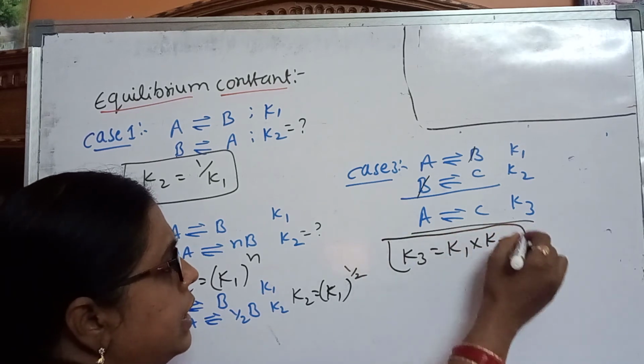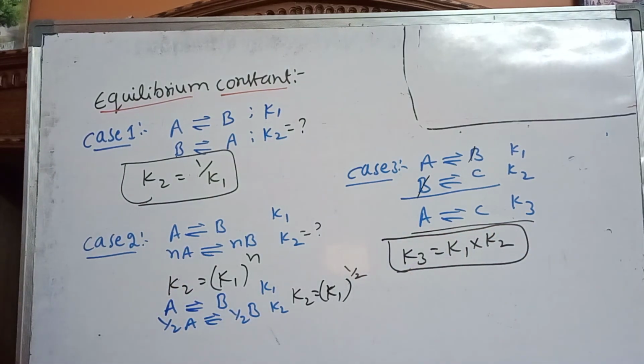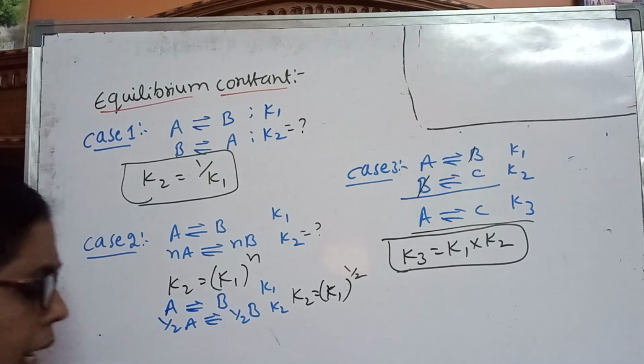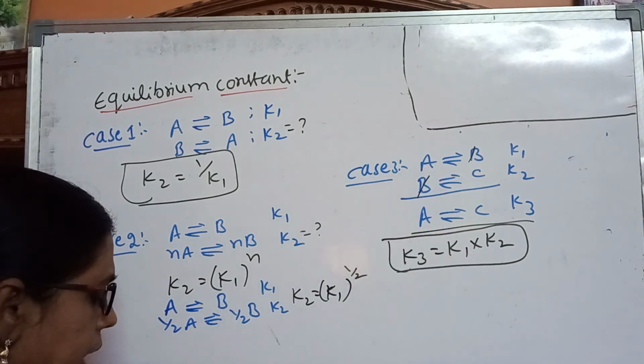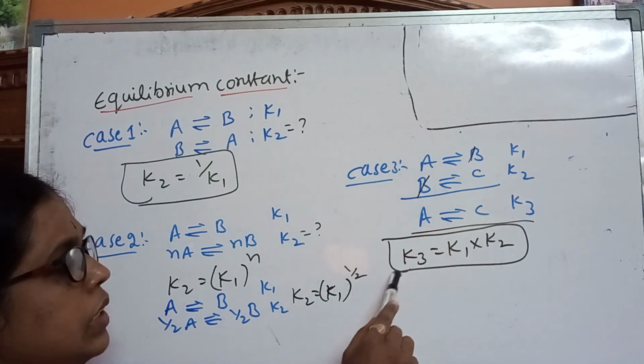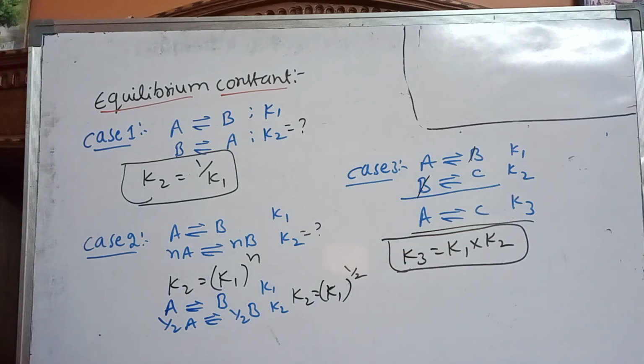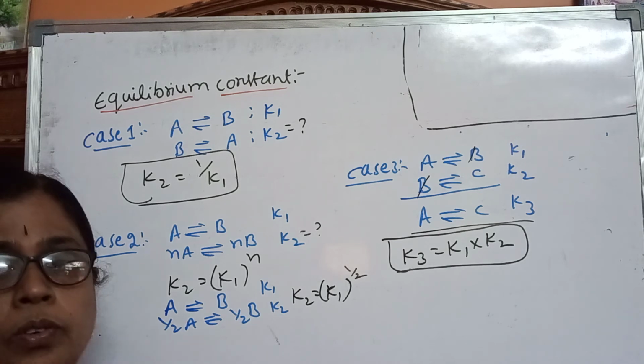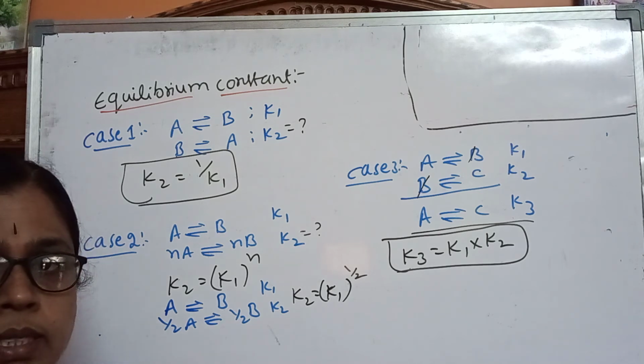By adding the two reactions to get the net reaction, we multiply K1 and K2. So this is about equilibrium constants.